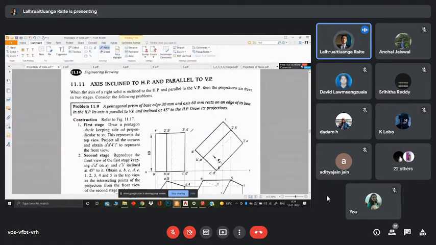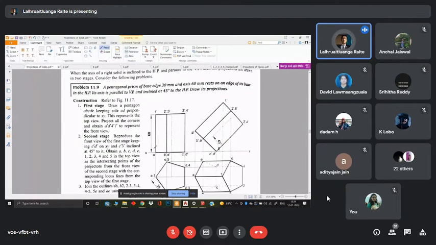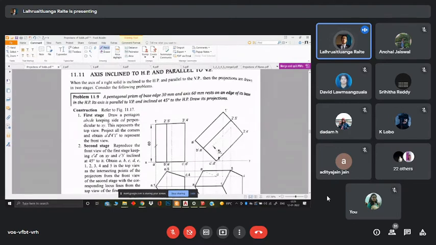Okay, when the axis of a solid is inclined in the first condition, when the axis of a solid is inclined to the horizontal plane and parallel to the vertical plane. All right, I hope everyone is still with me. Now we are going to have some angle.